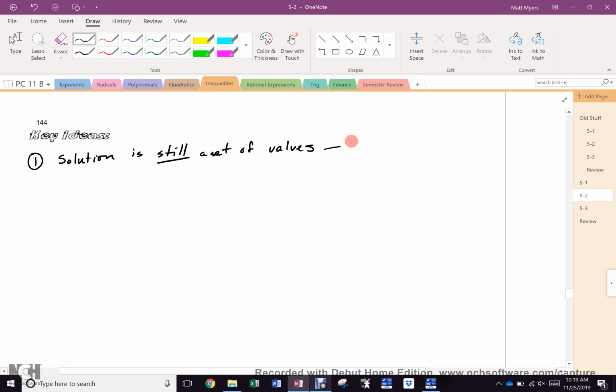With a linear inequality, x is greater than 3, there's only one root, yes? But if it's a quadratic inequality, x squared is greater than or equal to 9, then I've got 3 and I've got -3.